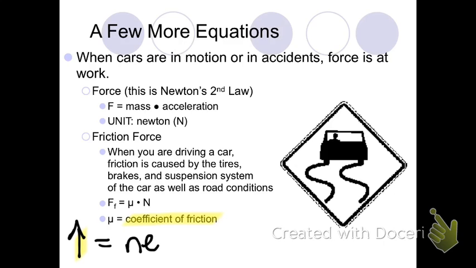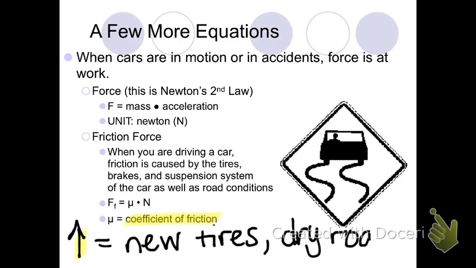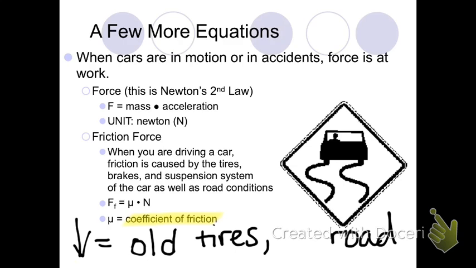So high coefficient of friction is new tires, dry road conditions. A low coefficient of friction is going to be old tires where their tread is wearing off, and some sort of precipitation on the road.